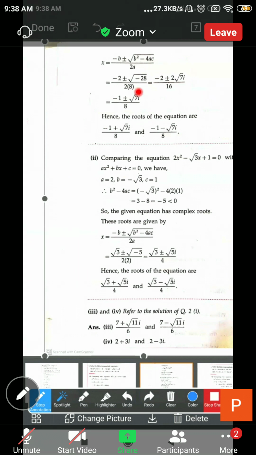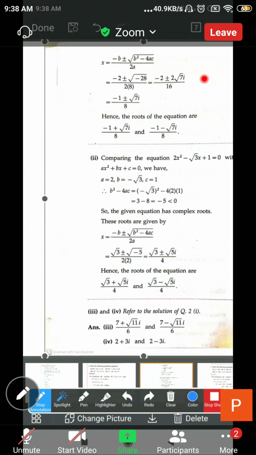Now what can we do about root minus 28? We can write it as the square root of 28 into minus 1. As you know, root minus 1's value is i.